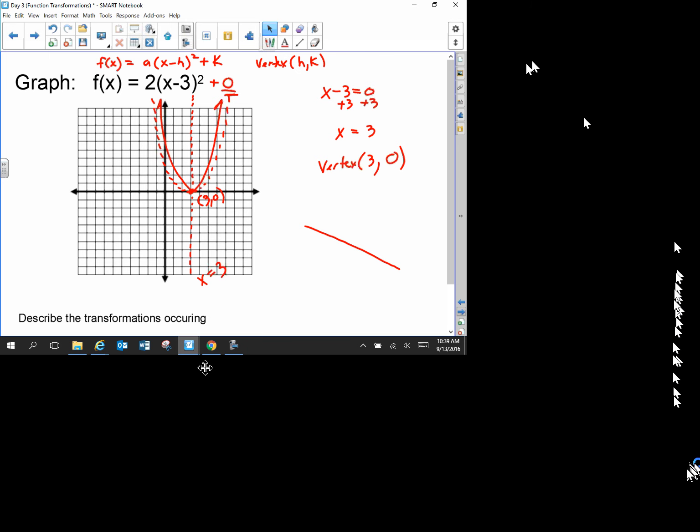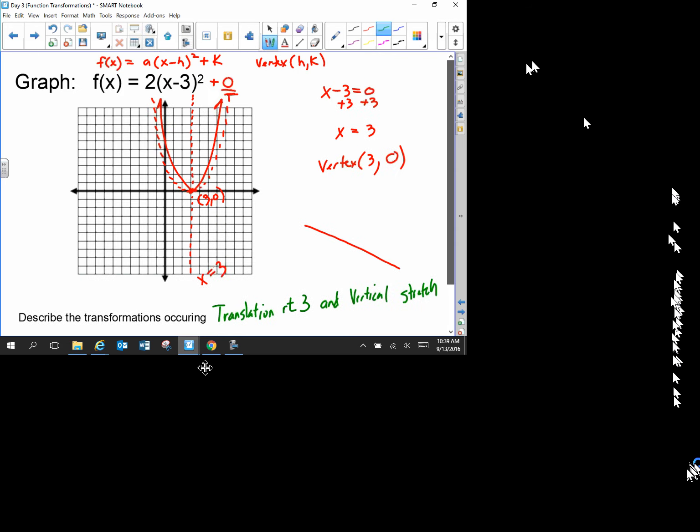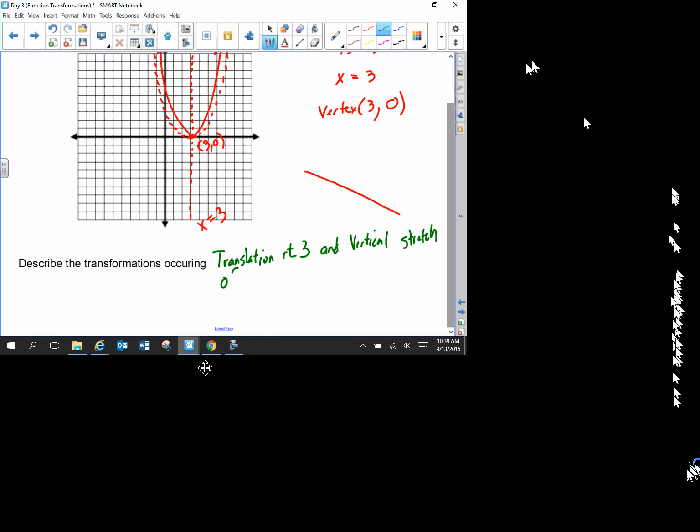This is a translation right 3, and a vertical stretch 2. Two transformations that occurred on them.